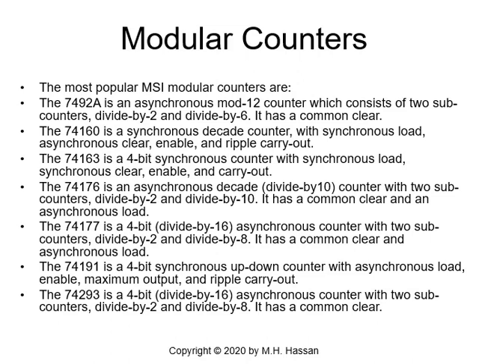The 74191 is a 4-bit synchronous up-down counter with asynchronous load, enable, maximum output, and ripple carryout. The 74293 is a 4-bit divide by 16 asynchronous counter with two subcounters, divide by 2 and divide by 8. It has a common clear.